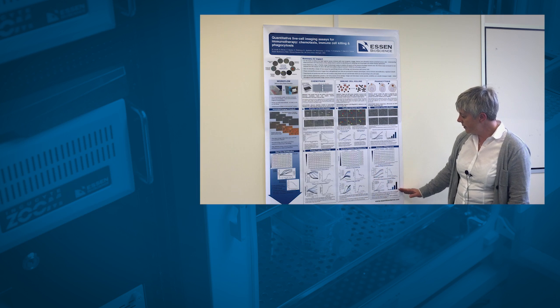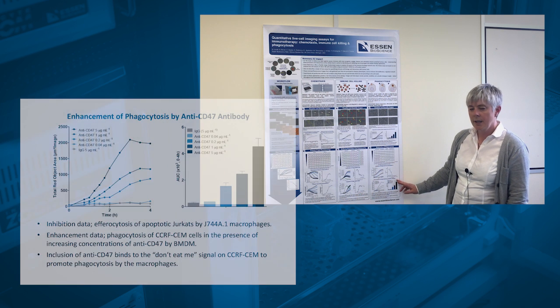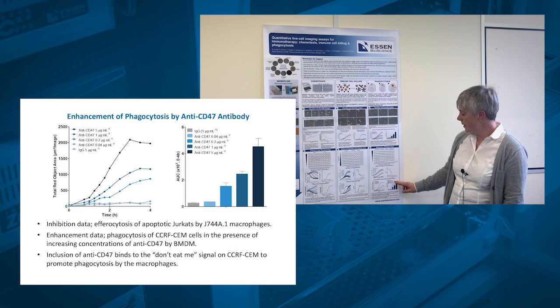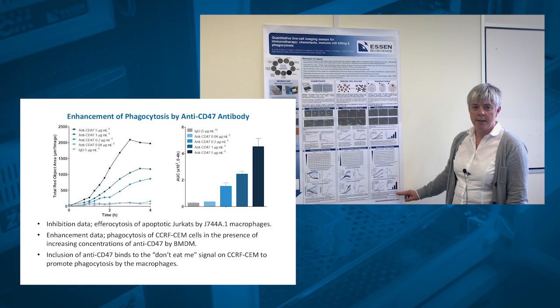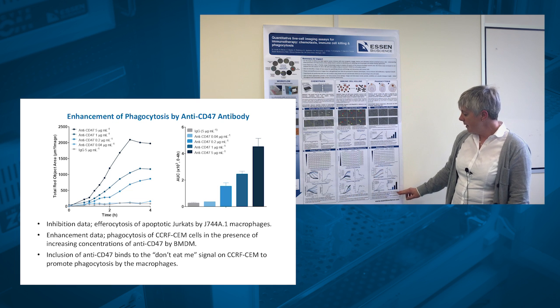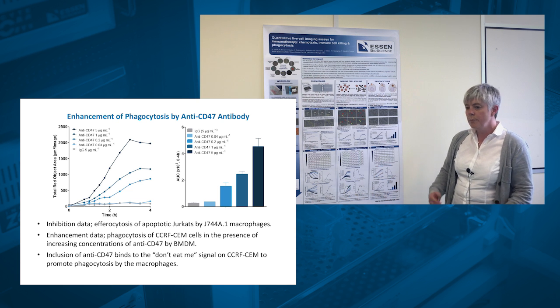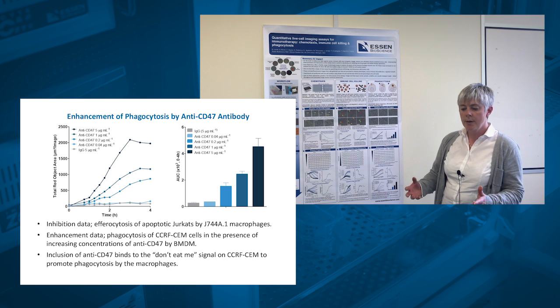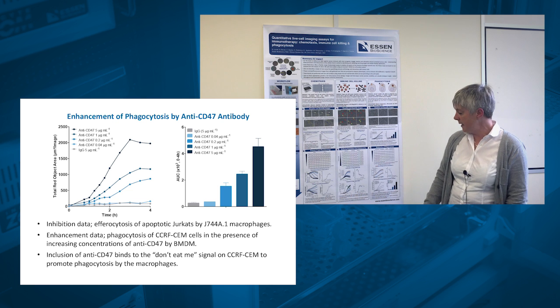The last example on the bottom here is where we've done some investigations looking at CD47 marking. So CD47 is the "eat me, don't eat me" signal which appears on cells. And these particular cells that we're using, the CCRF-CEM cells, in their normal basal state have the marker on them and are labelled for not eating.